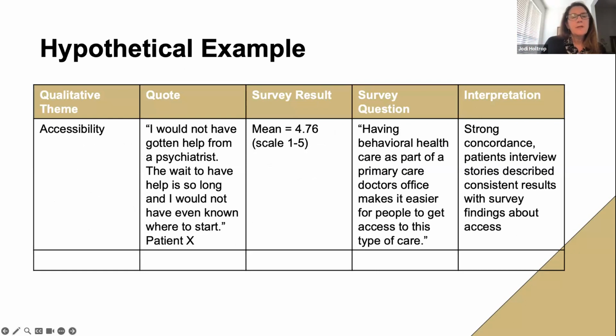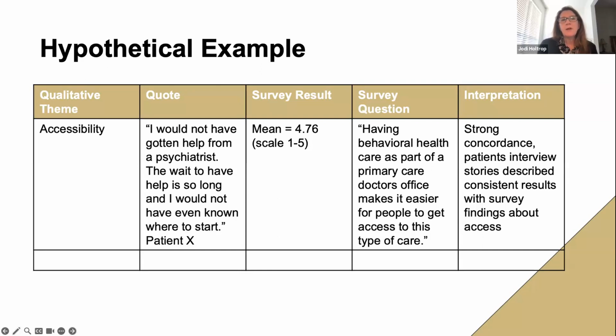For example, the theme, or your construct you're looking at, is accessibility. So this is how you might display some of your results: a qualitative theme has a quote about accessibility, like, "I would have not gotten help from a psychiatrist. The wait to have help is so long, and I would have not ever known where to start."